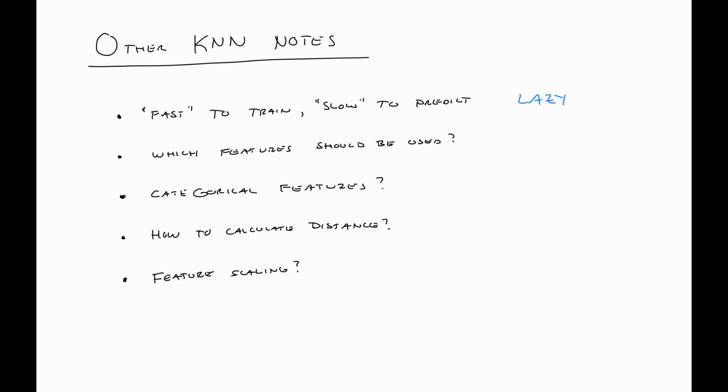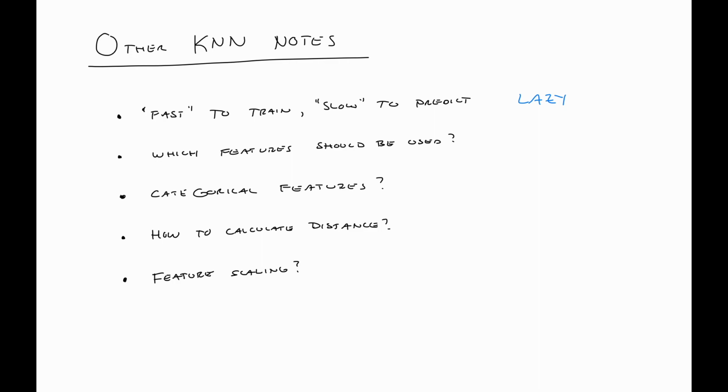I'm not going to do anything until you tell me to make a prediction, as opposed to a linear model, which will spit out the coefficients, and then we plug into those to make predictions. So it requires more computation at training, but then prediction is a simple multiplication and addition problem. There's no searching for nearest neighbors. Okay, that's a bit of a computational thing, but if you're interested, that's just a note there.